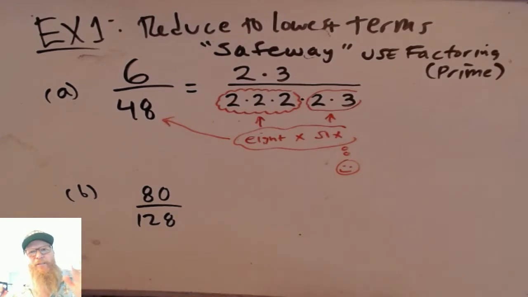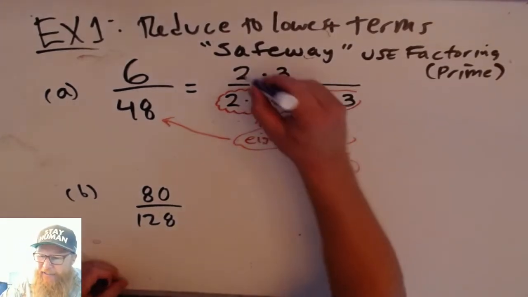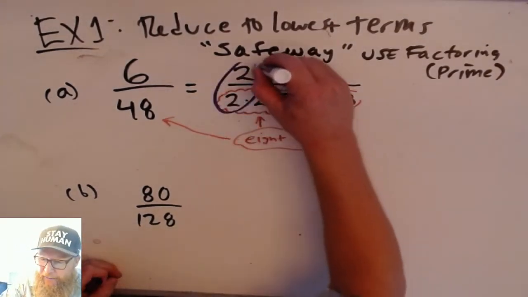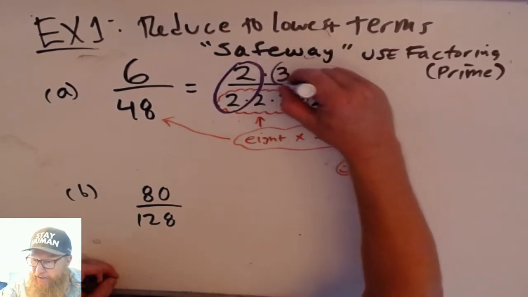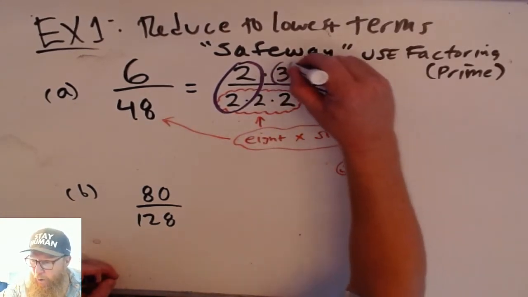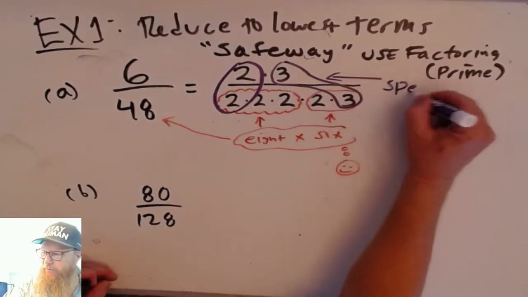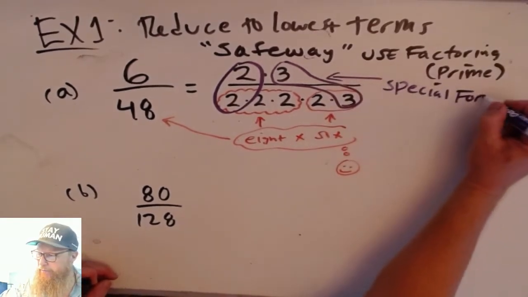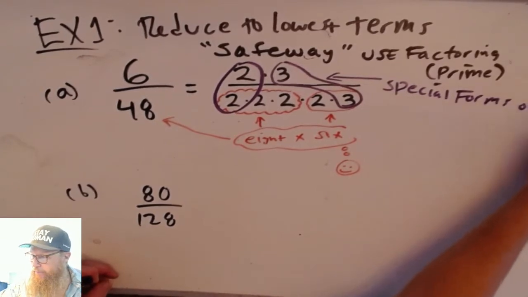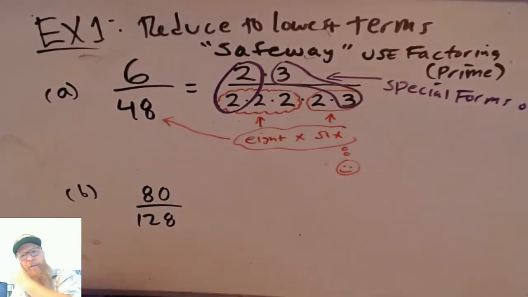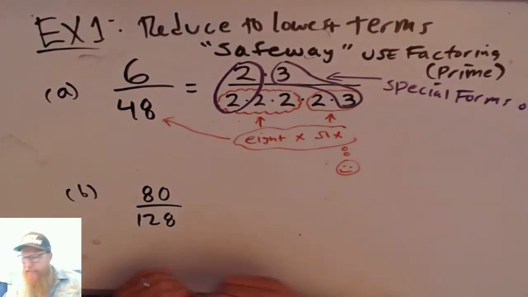And what we're going to do is cancel every factor that equals 1. These are special forms of 1. And so those cancel off.